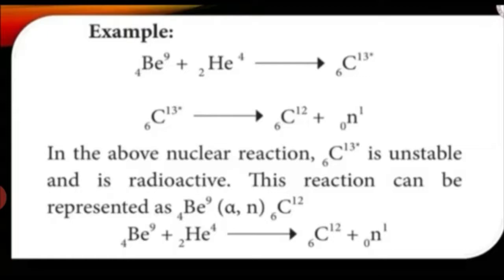This helium is the induced artificial disintegration projectile. So which gives 6C12, and it is unstable, and the ejected particle is the neutron 0n1. Okay.